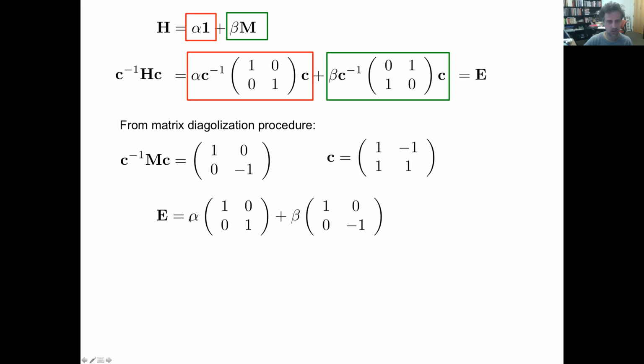And the second solution is alpha times 1, beta times minus 1. So what I'm getting is a diagonal matrix with two elements, alpha plus beta, alpha minus beta. And this is something we already know. This is, of course, the exact same solution we found last time. We should get that, but now we have done this numerically with a matrix solver.